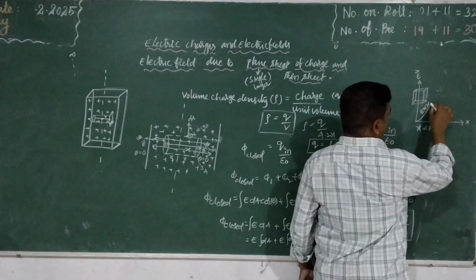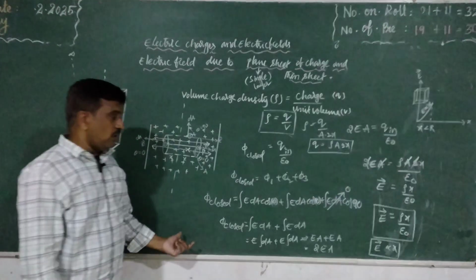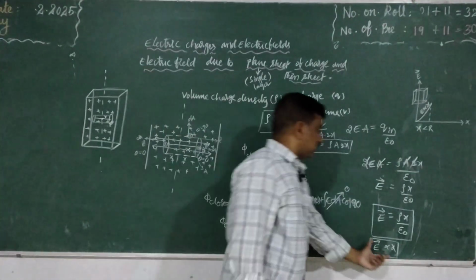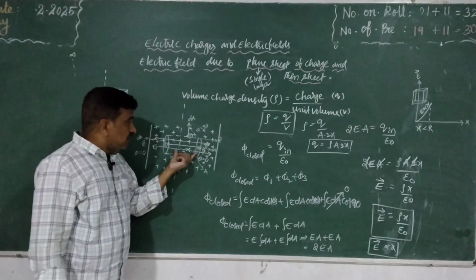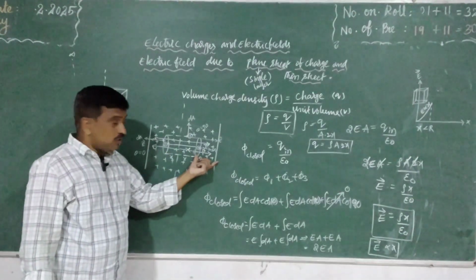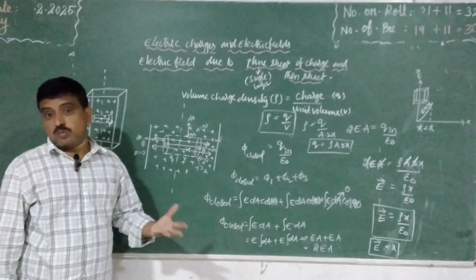That is the graph between electric field and x distance. The electric field increases from the axis up to the surface, E proportional to x.